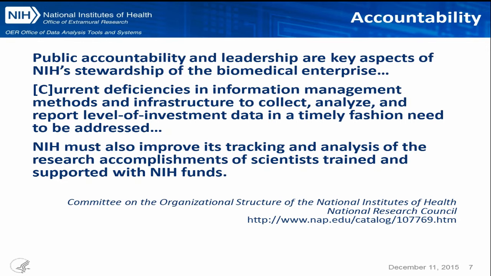And this is a report that was published by the National Research Council that recommended and encouraged NIH to improve our ability to track and analyze the accomplishments of the scientists that we support, and of course publication information from sources like Thomson Reuters is part of the data infrastructure required to do that.